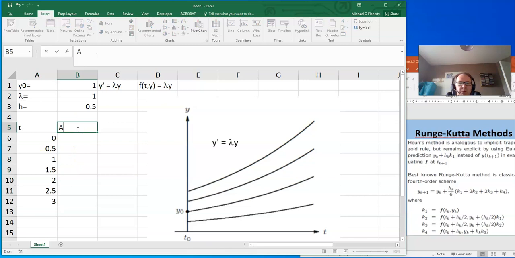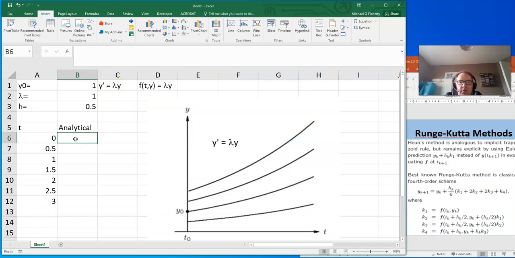And first I'm going to put in my exact solution. This is a solution to the actual equation. It's not a numerical method. It's not in any way approximate. It's the exact solution. And the exact solution is that y is equal to y0 times e to the power of lambda times t.